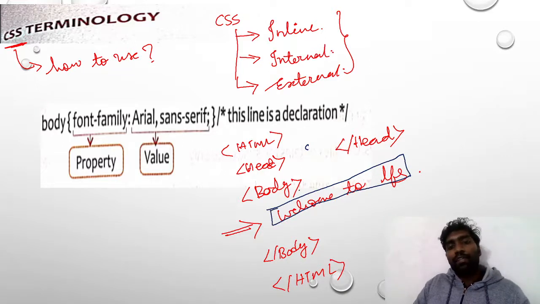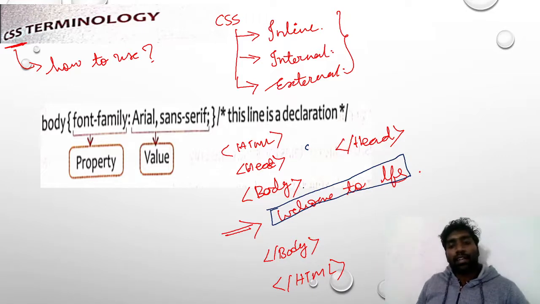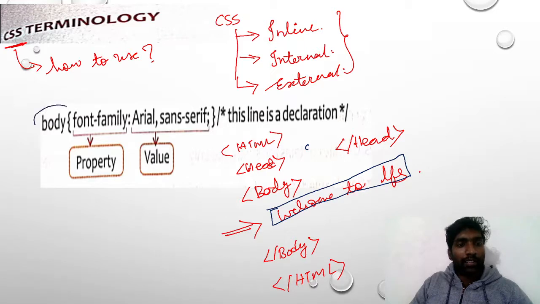But when we are writing the CSS, you should be very clear here. The body tag, we may say it is a selector. Now see here, this body tag is selected.